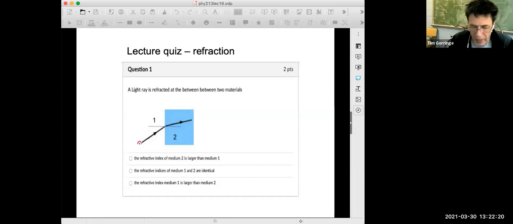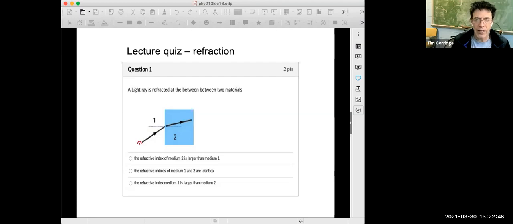So this is a ray that is bent towards the normal. And when a ray is bent towards the normal, that's the signature of a ray that's traveling from lower refractive index to higher refractive index. So an example for this ray might be from air to water or air to glass.